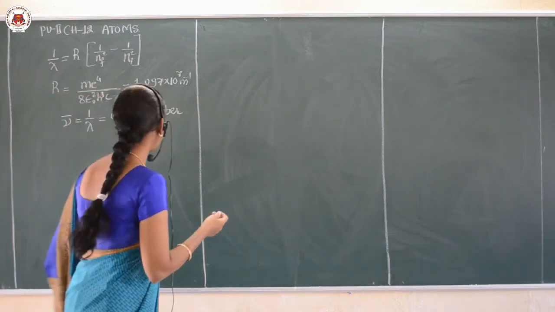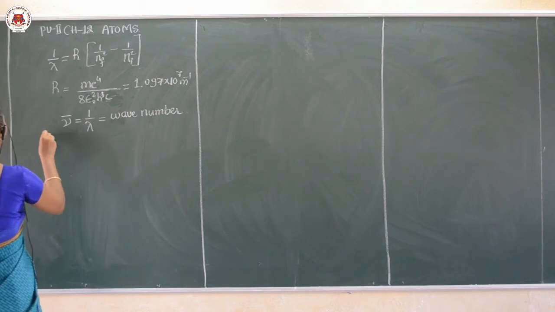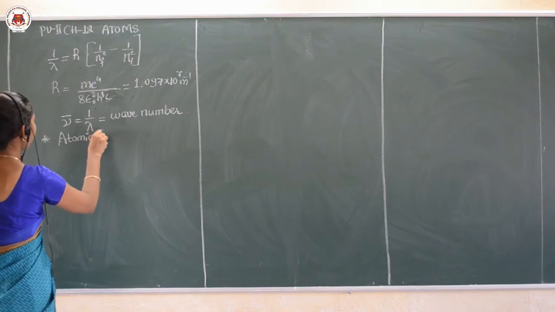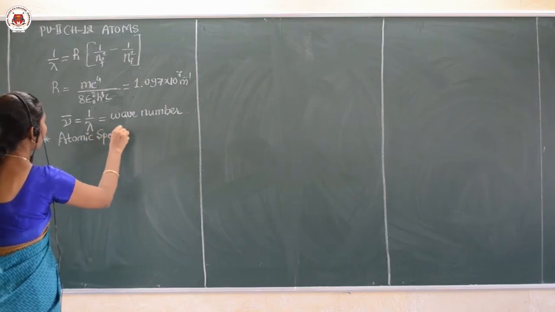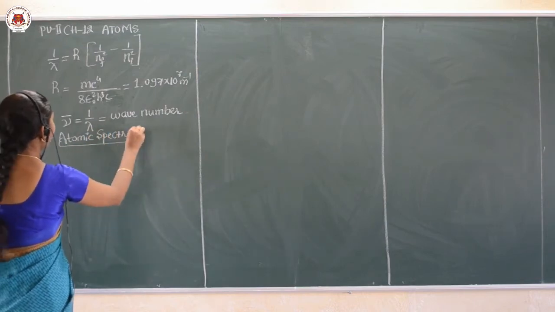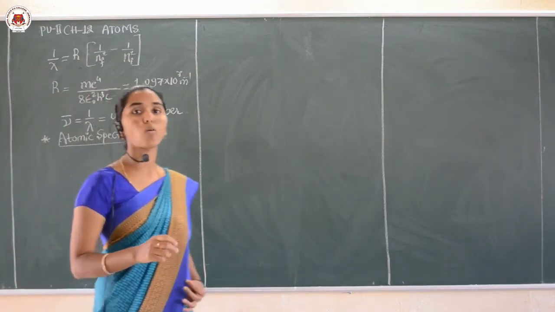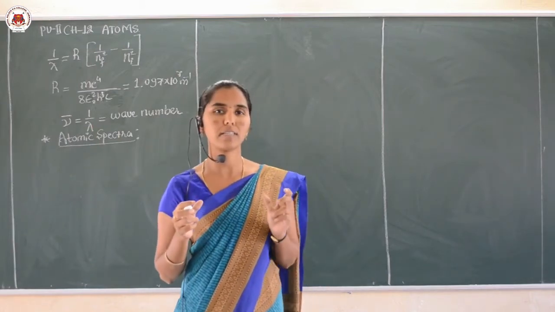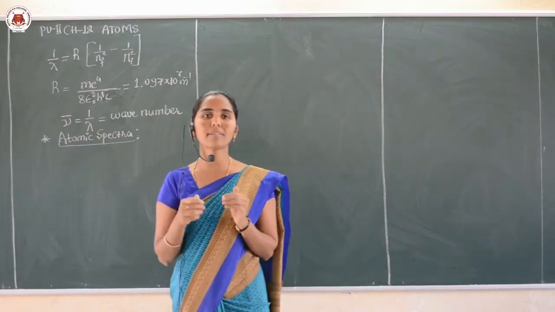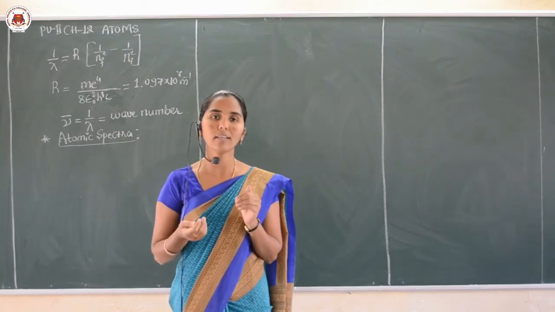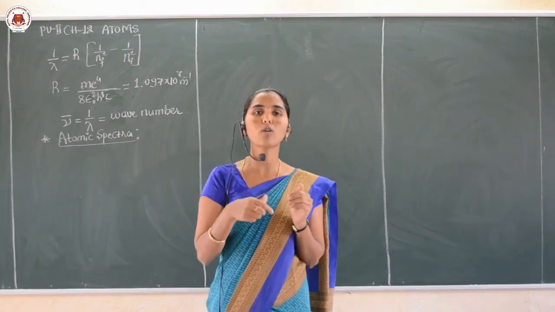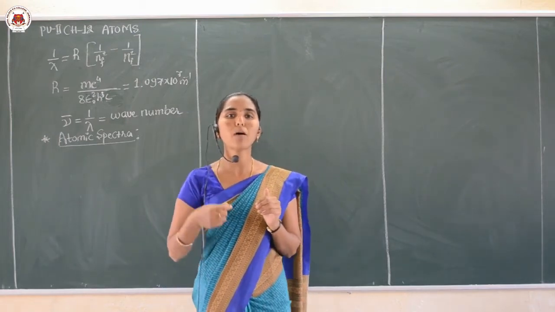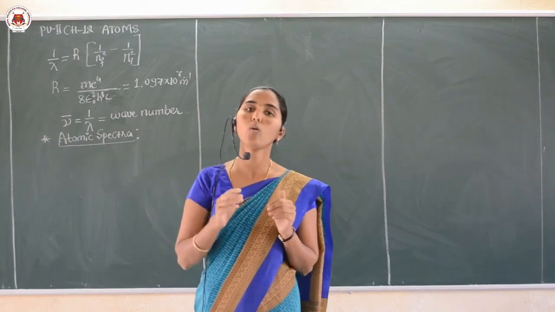Okay. And today let us talk about the atomic spectra. Every element has its own identification and every element has a spectral series, and elements can be classified based on the spectral series which are obtained when the electron in that atom jumps from a higher energy state to a lower energy state.